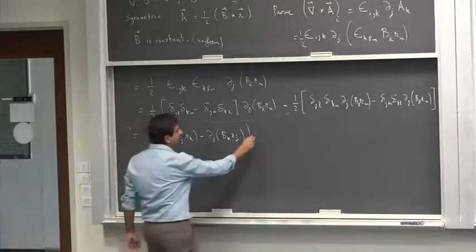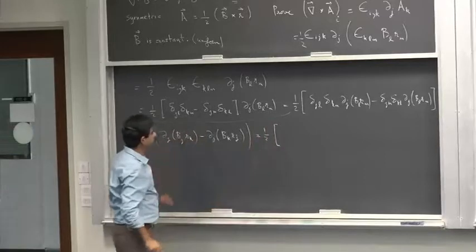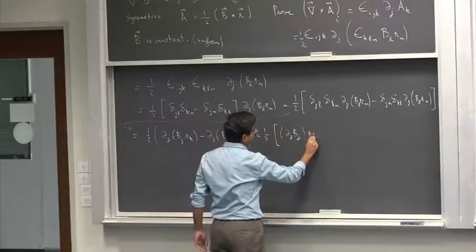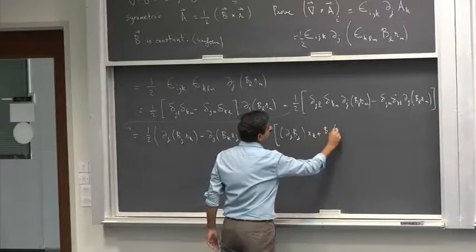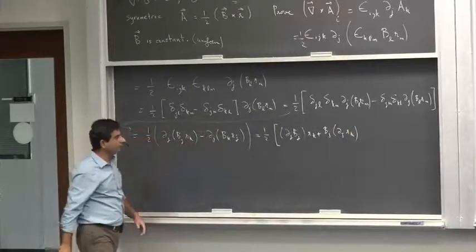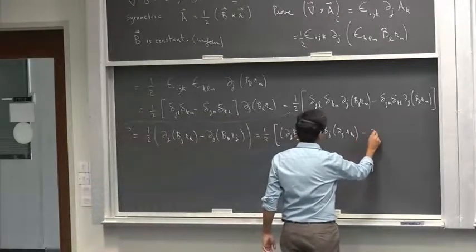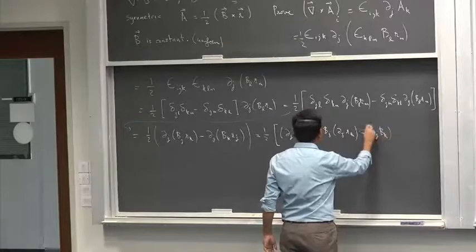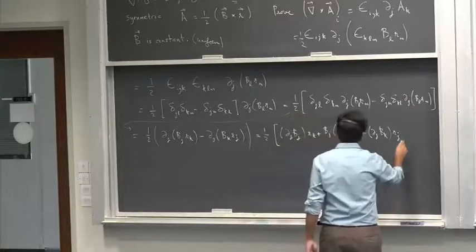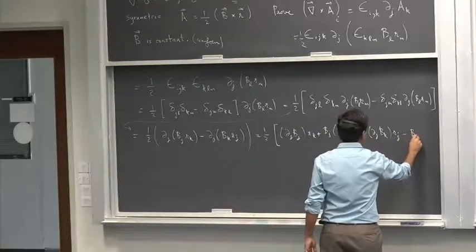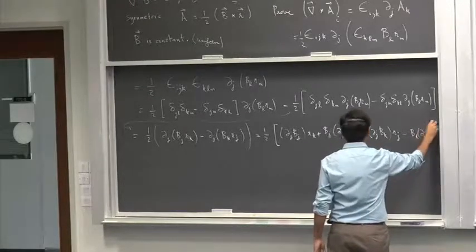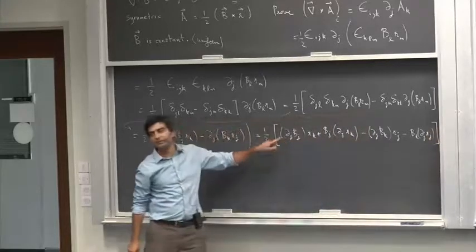Now this gives me half partial J B_J R_K plus B_J partial J R_K. Okay, I employ the derivative rule, minus partial J B_K R_J minus B_K partial J R_J. Okay. Now what is this partial J B_J?